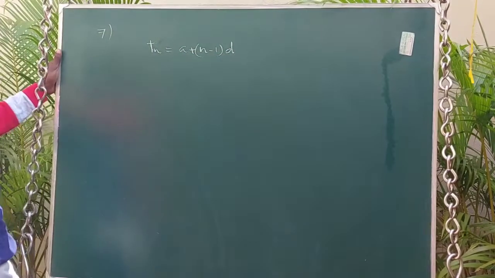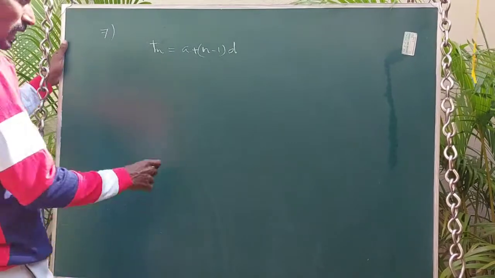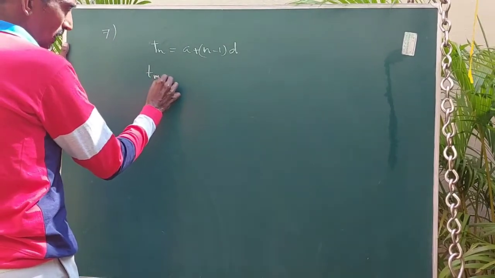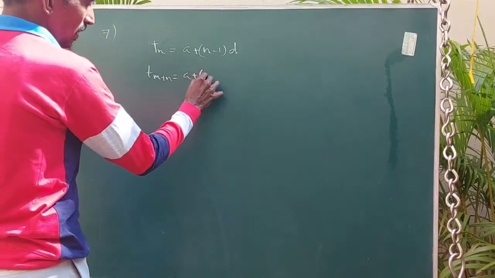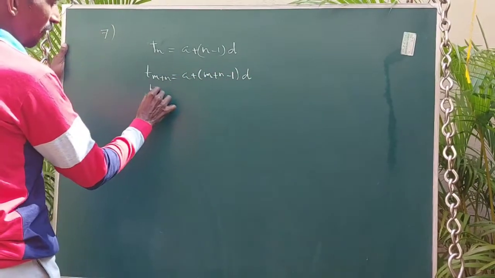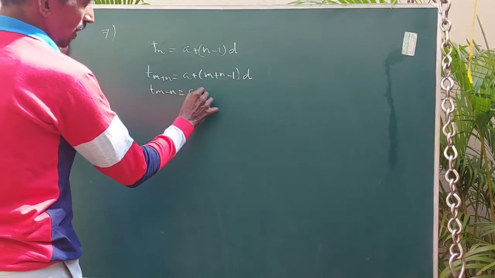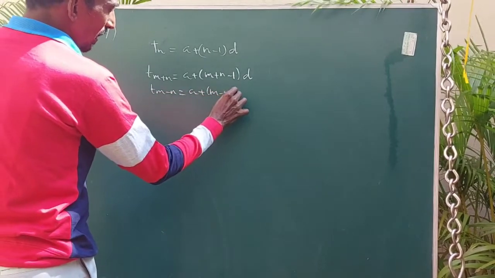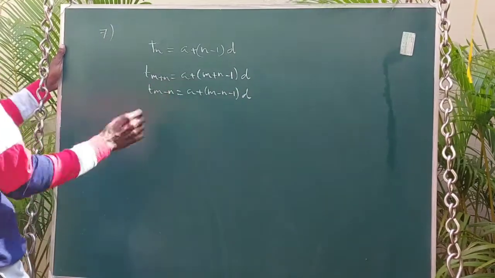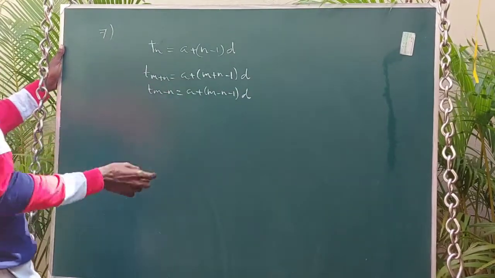Here our aim is to show that the (m+n)th term, that means T(m+n), is a + (m + n − 1)d, and T(m−n) is a + (m − n − 1)d. The sum of these two is equal to 2 times Tm.